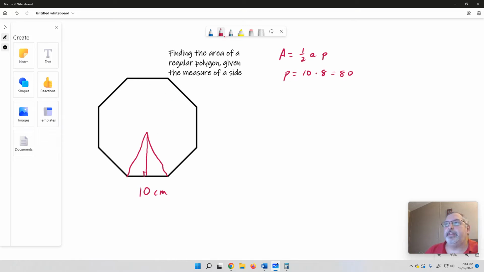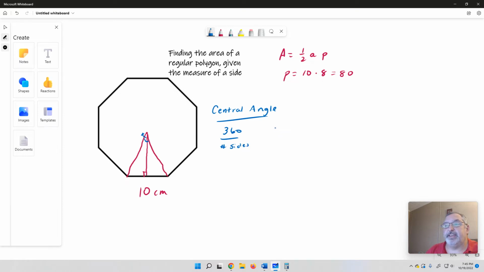In order to figure out that apothem, we're going to have to know a couple of things. First, we have to figure out this central angle. That central angle is going to help us figure out the angle that we need to use in our triangle. So remember, to find the central angle, we take 360 divided by the number of sides.